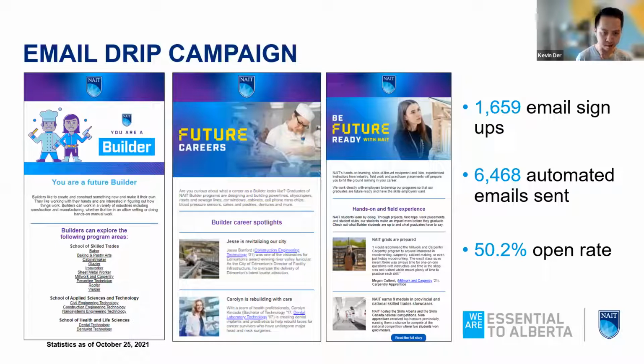The email series was between 6 to 7 emails, with the first one being their quiz results, followed by content to really showcase what NAIT has to offer. We have quick student stories that align with the programs suggested in the first email. We're a polytechnic, so one of our biggest differentiators is our hands-on learning. So we also had content around how students learn by doing and getting them career ready.